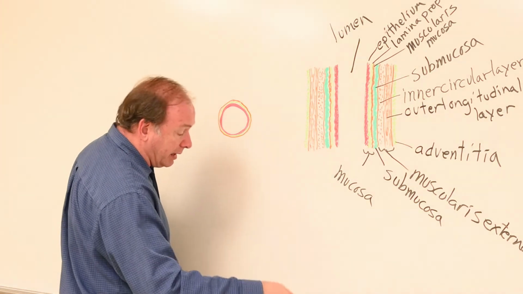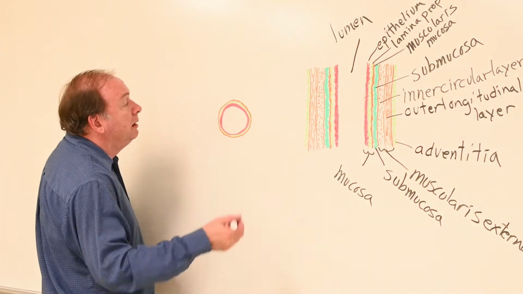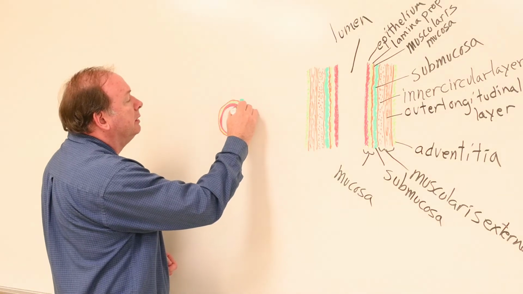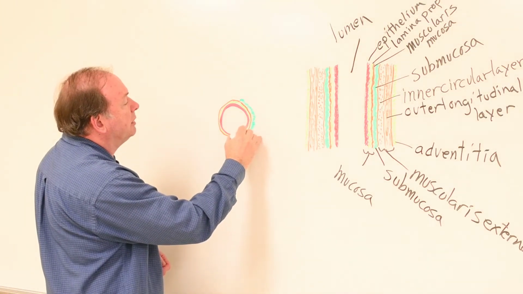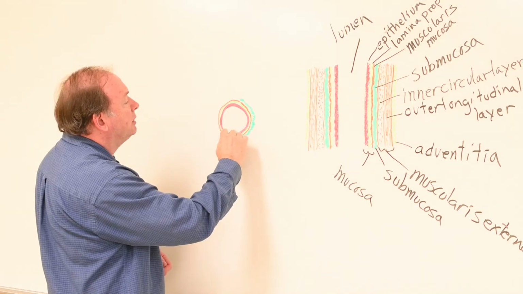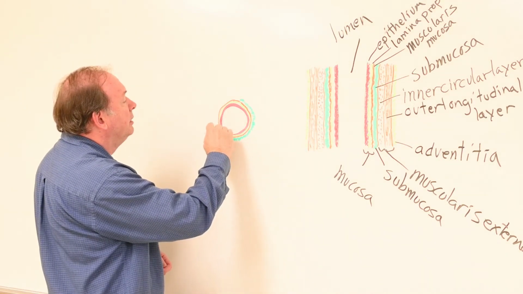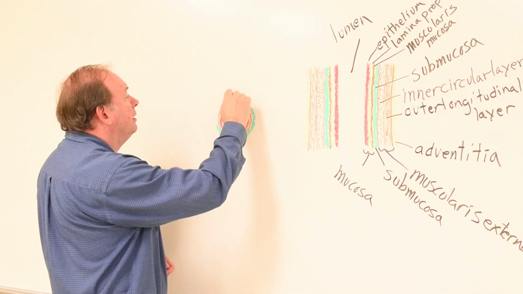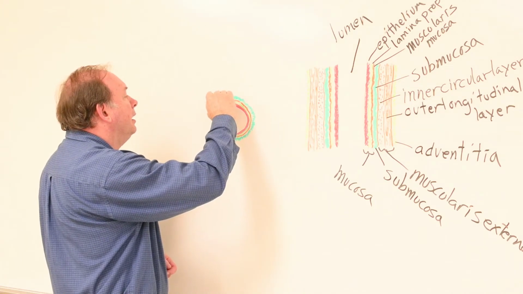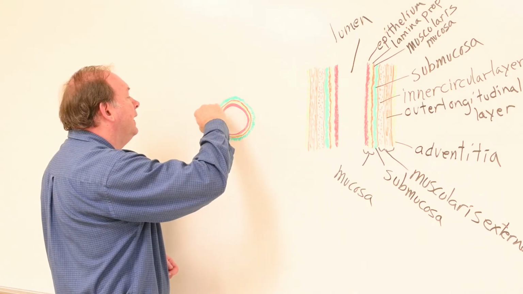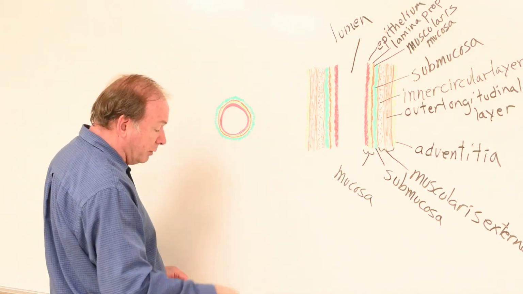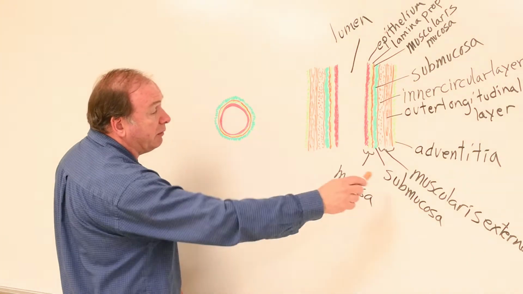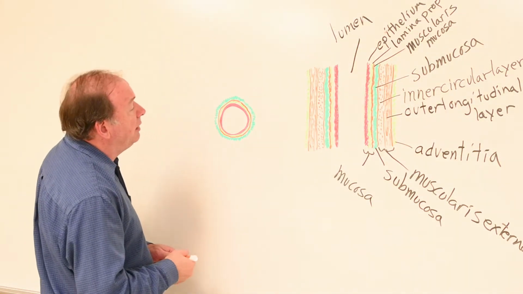Next to that, we have the submucosal layer. So we have a layer of dense, irregular connective tissue between the muscularis mucosa and the muscularis externa. So this is the second layer of the esophagus. Mucosa, next is submucosa. Next we have the muscularis externa.